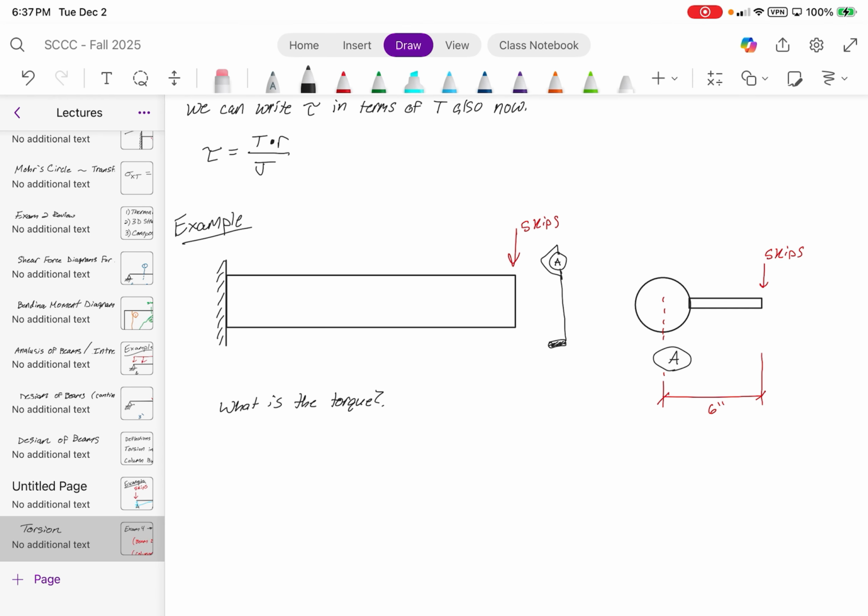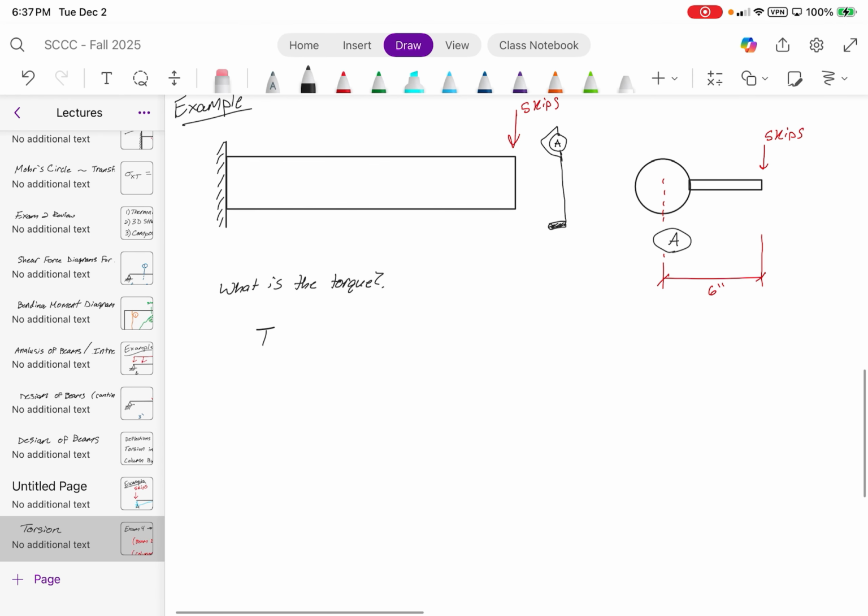So the torque is just going to simply be T is equal to 5 kips times the 6 inches, which is going to give you 30 kip inches of torque. 6 inches is the radius because it's the perpendicular distance with respect to where the center of the rod is. So there's going to be a twisting of about 30 kip inches.